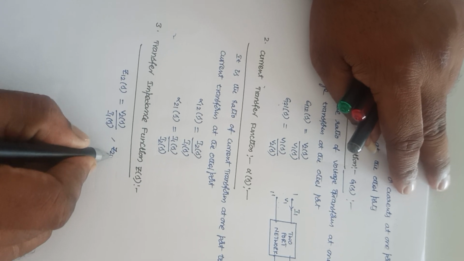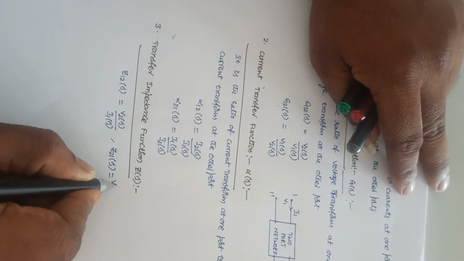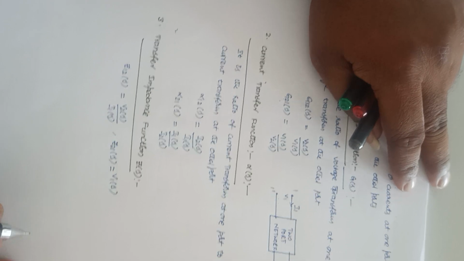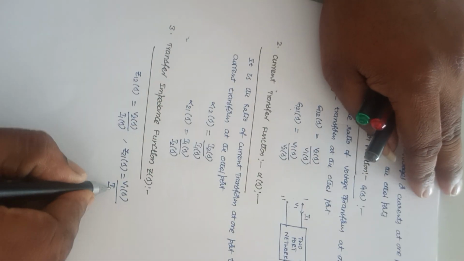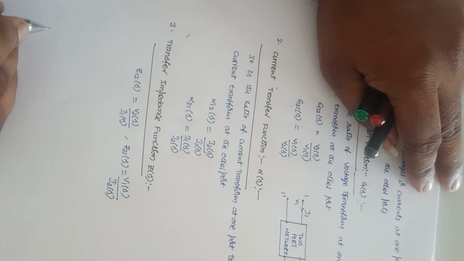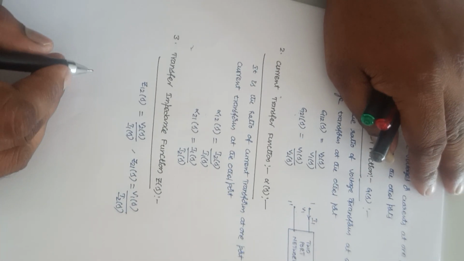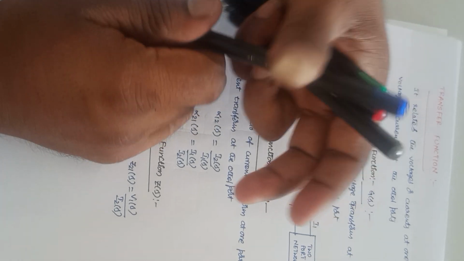Next, Z21 of S is equal to V1 of S divided by I2 of S. So this is about the transfer impedance function.